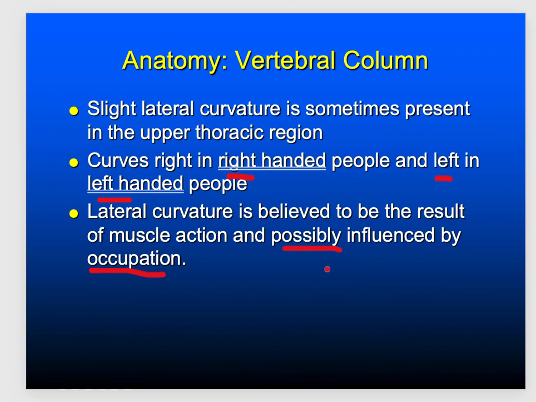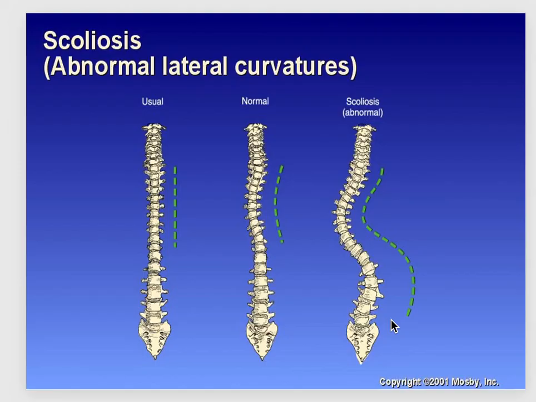Sometimes you'll see scoliosis in athletic individuals, and that could result from muscle action. So typically, if you see scoliosis curving to the right, that person's probably right-handed. If it's curving to the left, that person's probably left-handed.